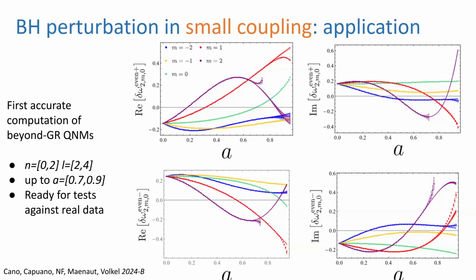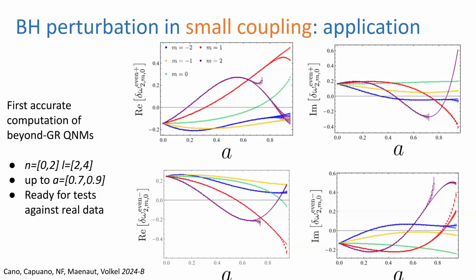So this is where we stop the computation, and this is why the maximum value of the spin changes depending on the mode, because different modes are sensitive in a different way to the rotation parameter.